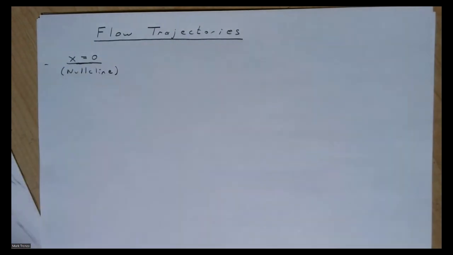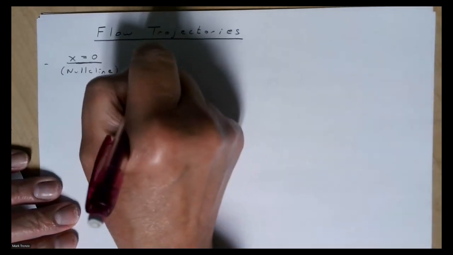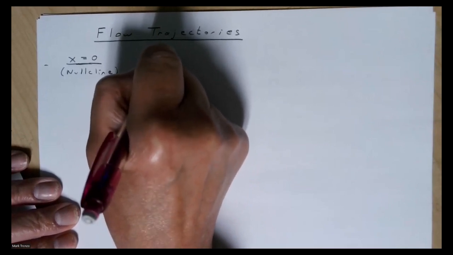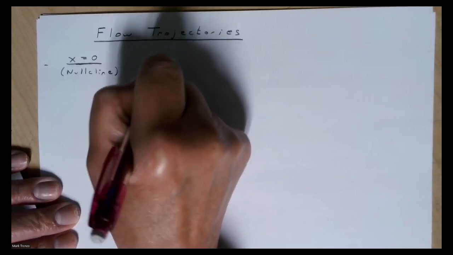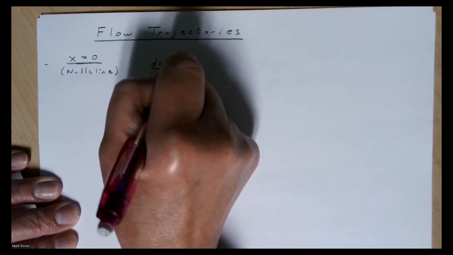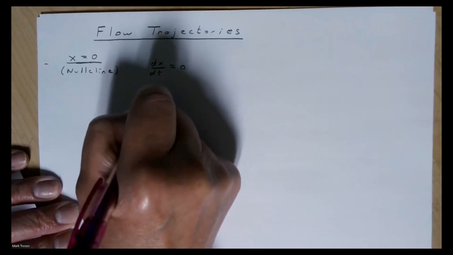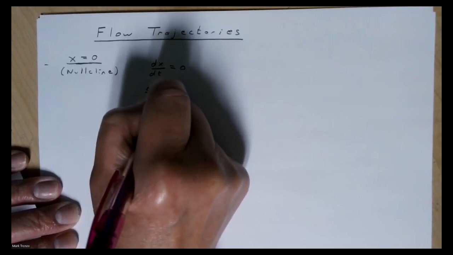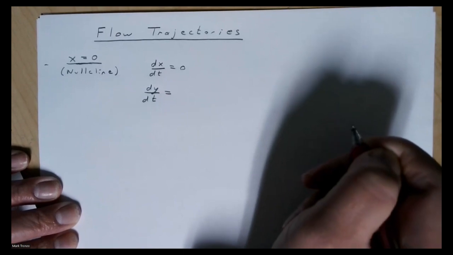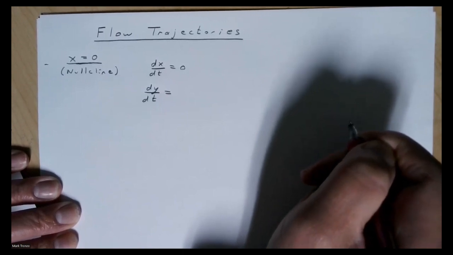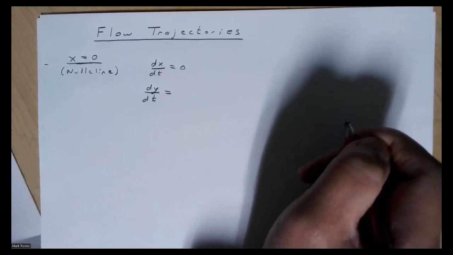And of course, by definition, the x nullcline is going to make dx/dt 0. And then the y nullcline is going to make dy/dt. Well, it won't make that 0 necessarily, so we'll substitute into that.